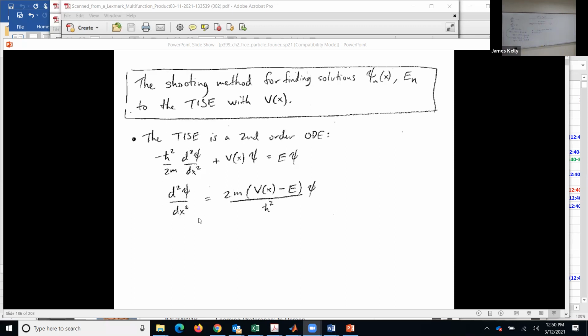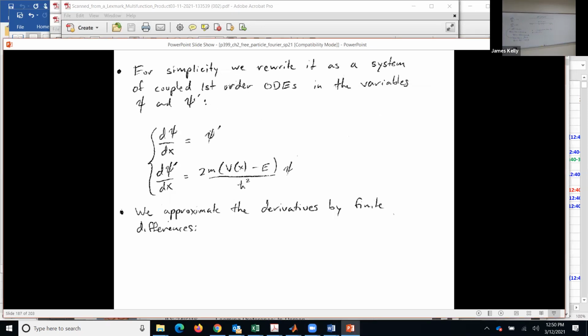Now here we've got a little bit more of an issue because, well, wait a minute, how do I do that with a second derivative here? And the answer is, usually when you're doing things in a computer, you write a second order differential equation as a system of 2 first order differential equations in the following manner. I define d psi dx to be some new symbol psi prime.